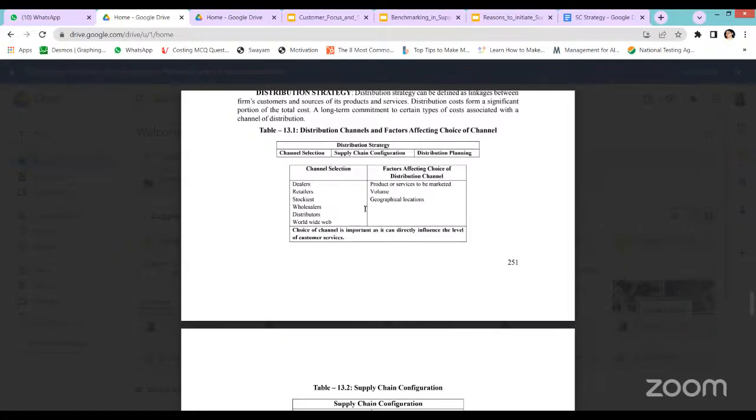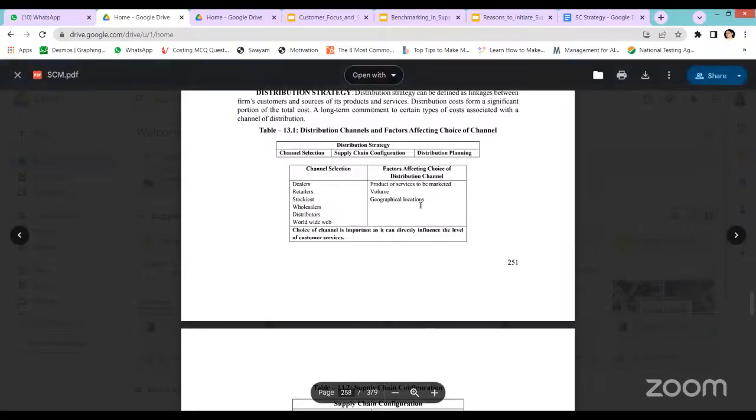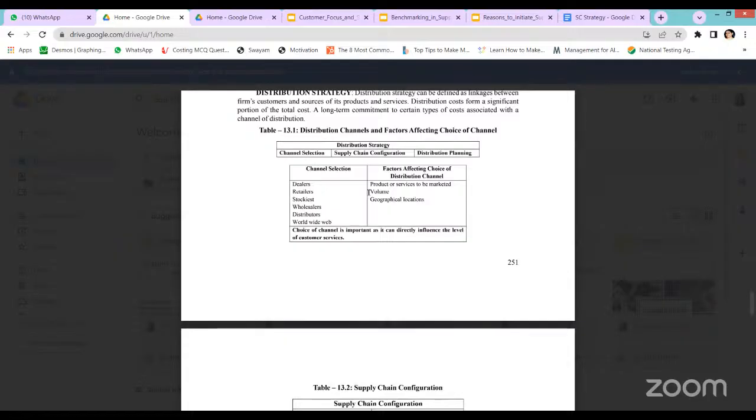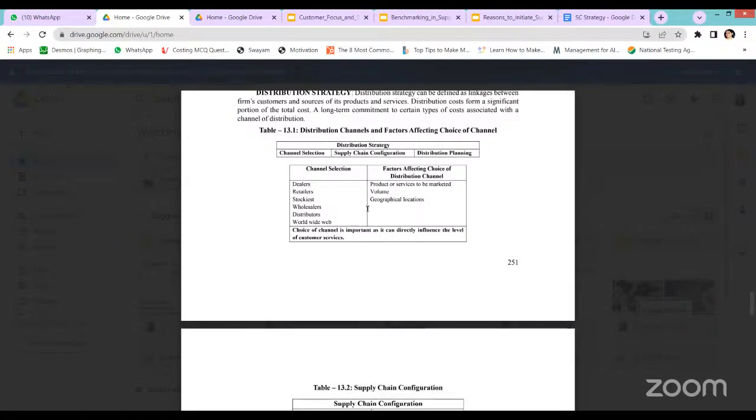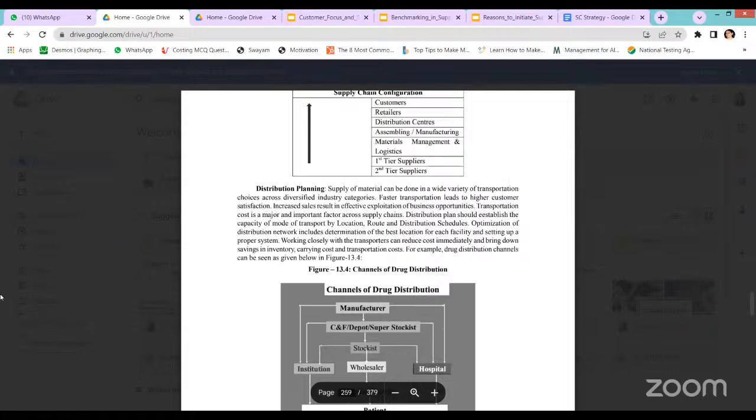Various distribution channels are there, and you are supposed to see how these factors affect your channel selection, which will give you the minimum cost and minimum time, which is what is important. It directly influences the level of customer service, because this has an influence on your customer service.